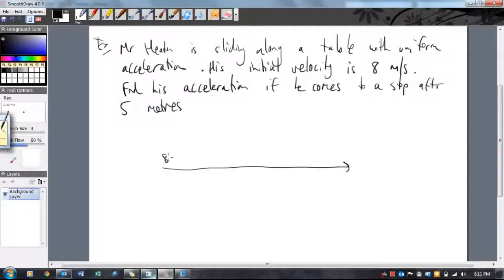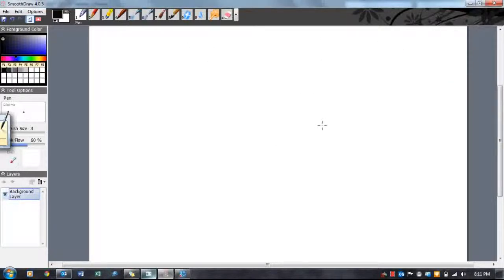My initial velocity was 8 meters per second, but I'm obviously slowing down because I come to a stop after 5 meters. What we want to find is my acceleration.